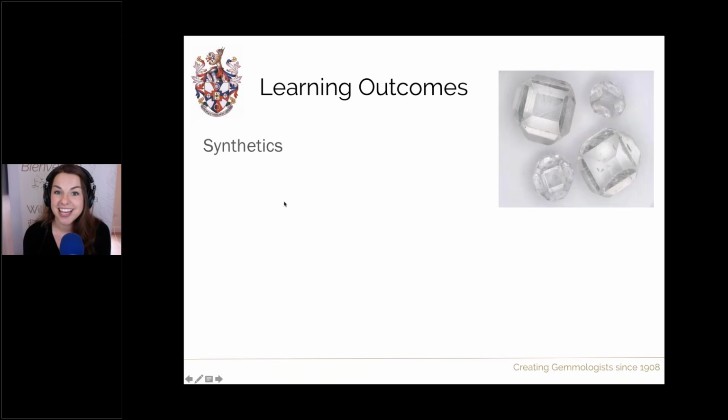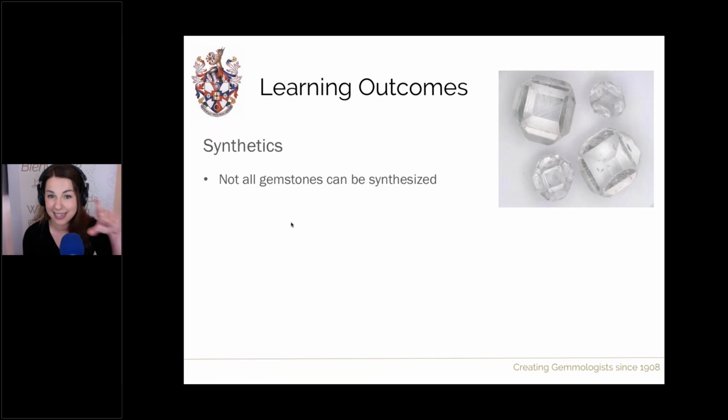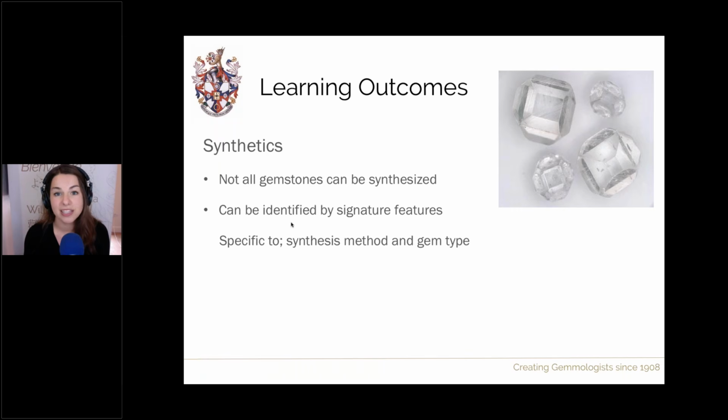When it comes to synthetics, a key takeaway is that not all gemstones can be synthesized. Really it's only a select finite list currently of stones that can be. We can identify these stones by signature features. So we're looking mainly for inclusions within the stone or particular test results. And these will depend on the type of gem that we're looking at and also the method of synthesis it's been created by.